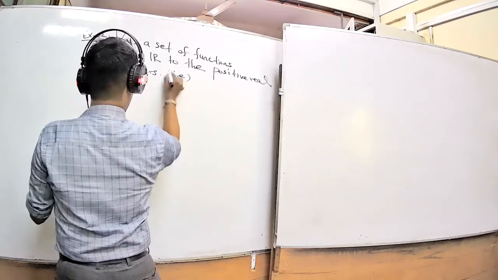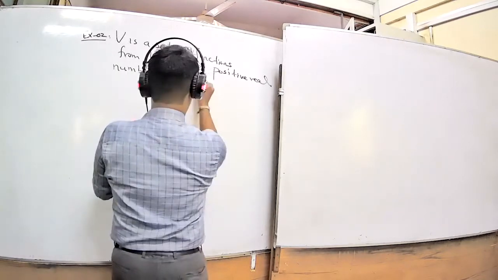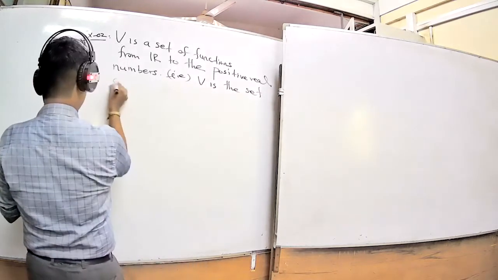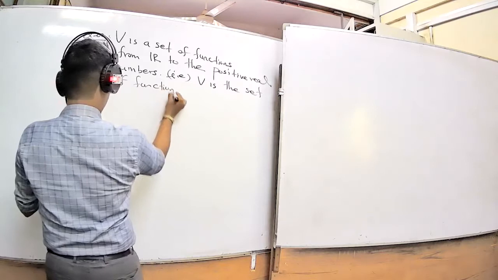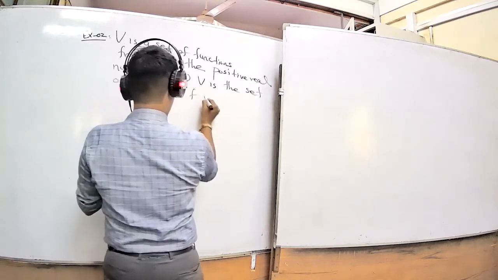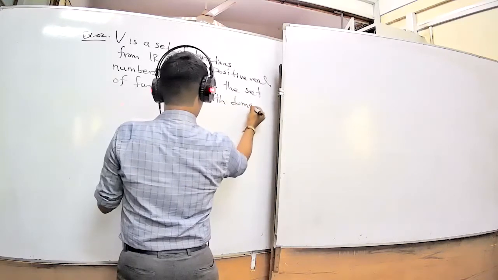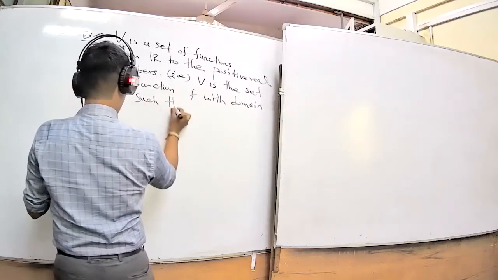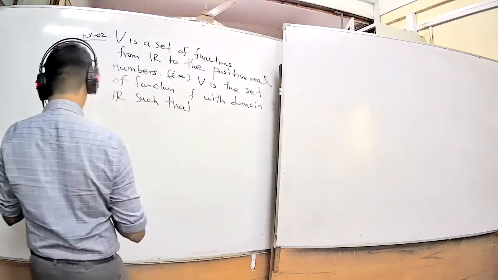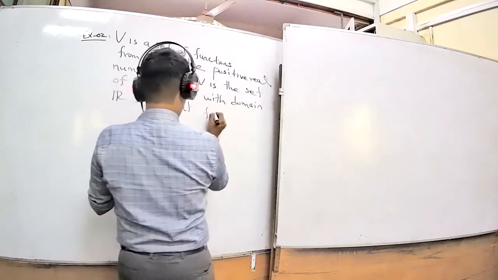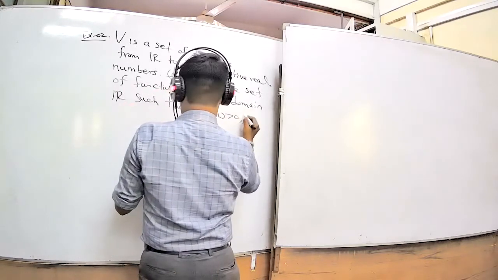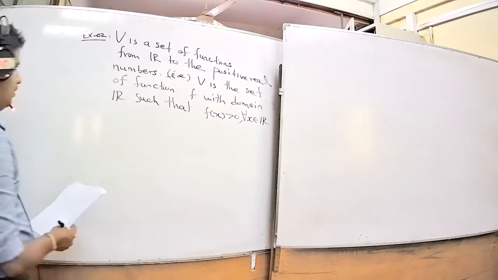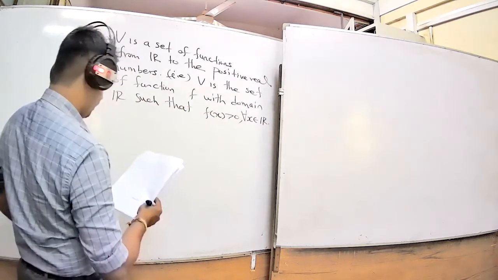That is, V is the set of functions f with domain R such that f of x is positive, strictly positive, for all x belonging to real numbers.